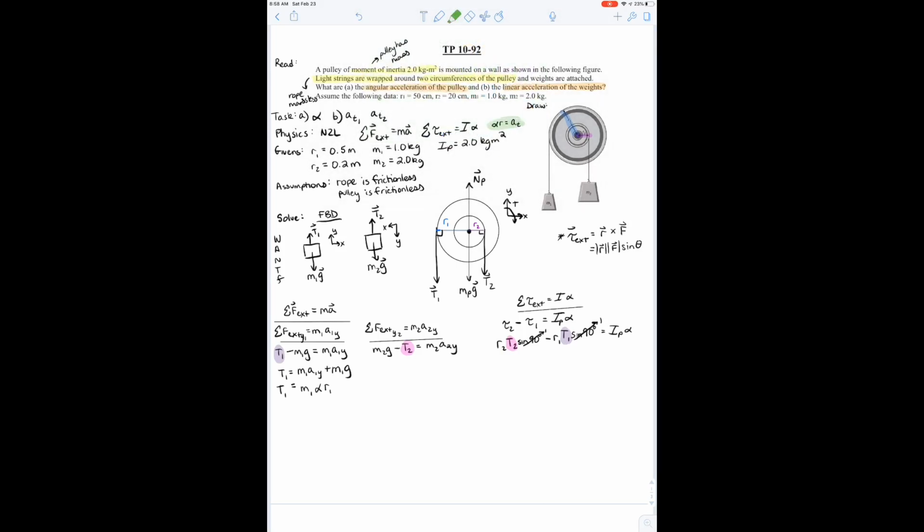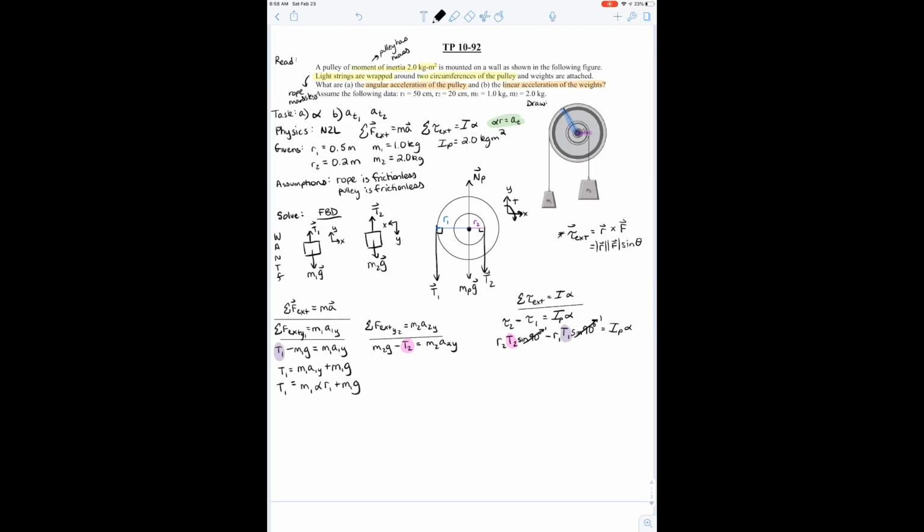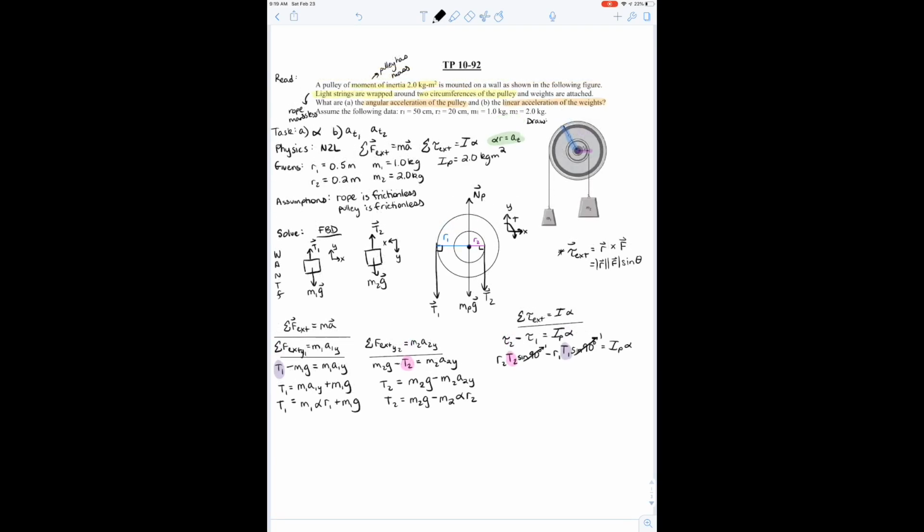I'm going to use that equation right here to go and substitute it in. Boom. So now I have an equation for T1. Then I'm going to do the same thing for tension 2. So I am given, I do this and resolve it out. This looks pretty good there.